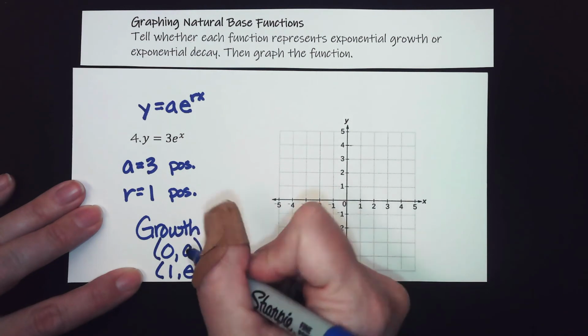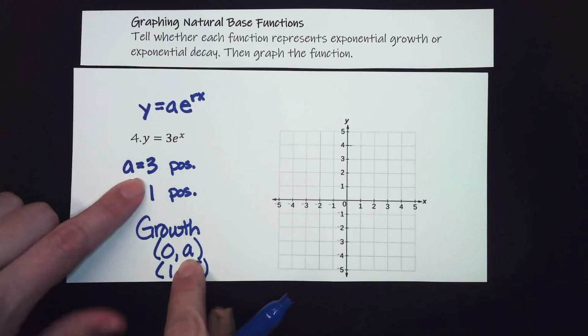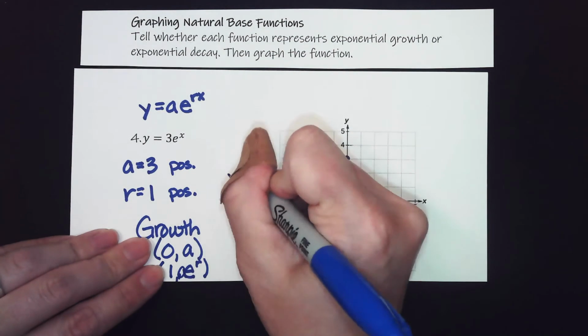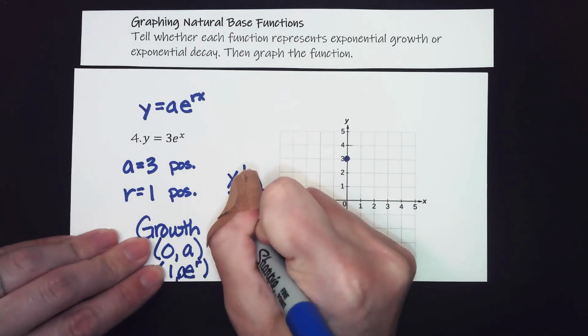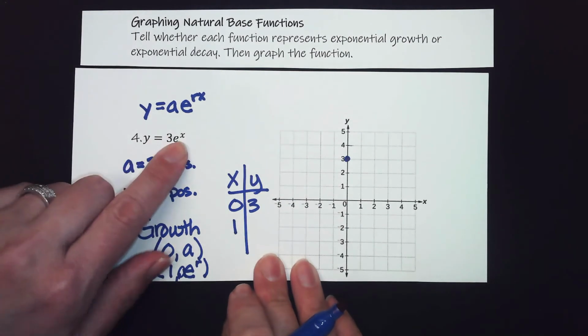I'm sorry, that would be an a there. So if a is 3, it's going to go through (0, 3). The easiest thing for you to do is just make a quick table. At 0, we know that's 3, and then 1. Plug 1 into your equation.